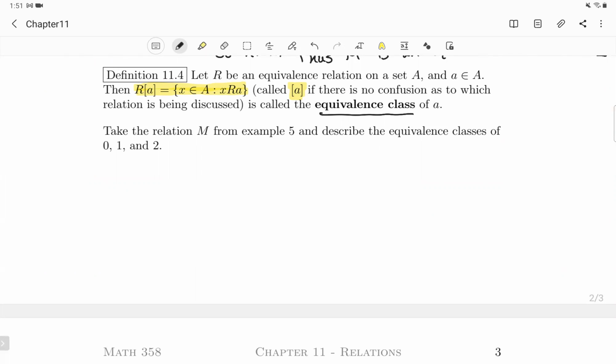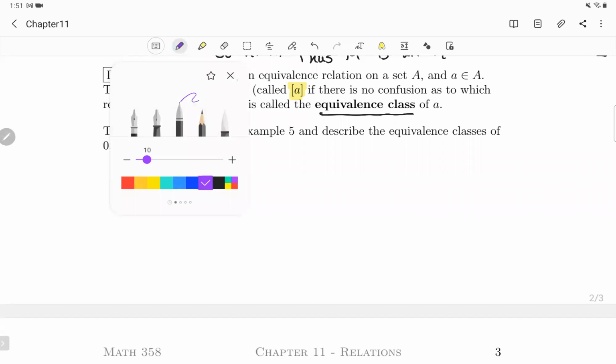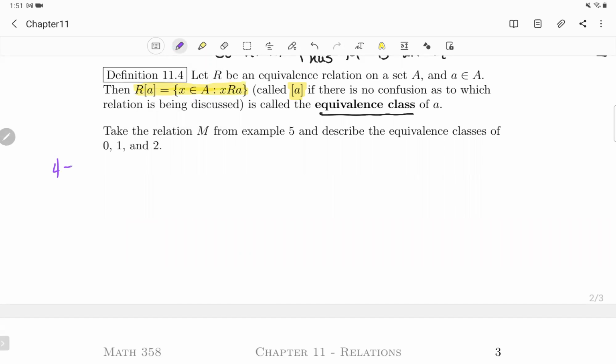Well, what about 4 and 1? Are those equivalent mod 3? Yeah, because 3 divides 4 minus 1. So that means that 4 is an element of the equivalence class of 1, because it's related to 1. But we're symmetric, so that also means 1 is an element of the equivalence class of 4.